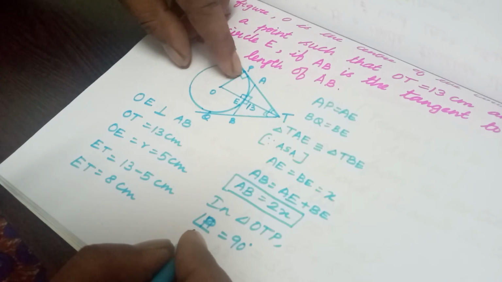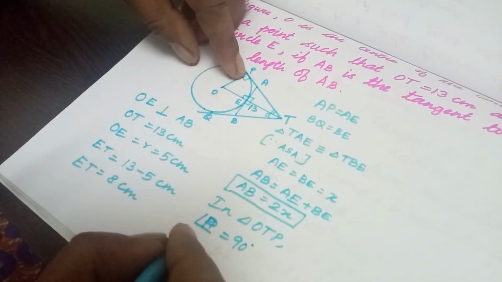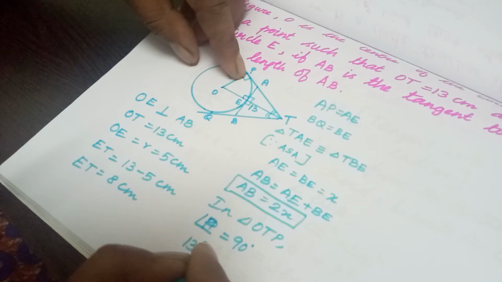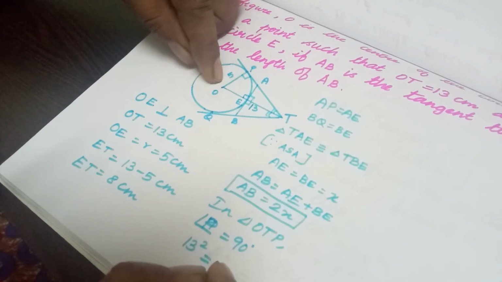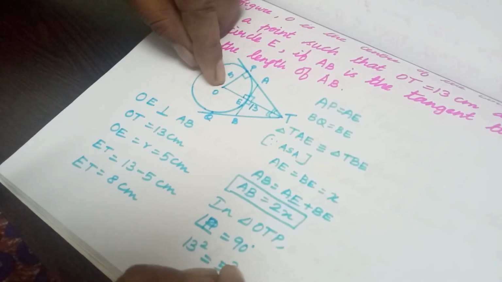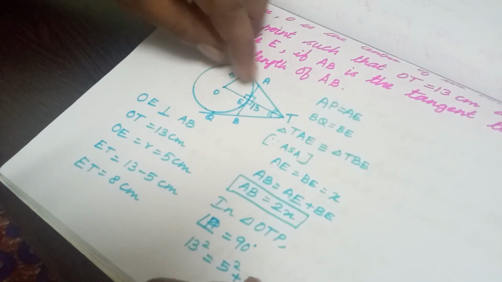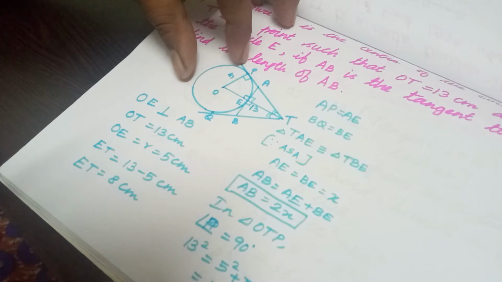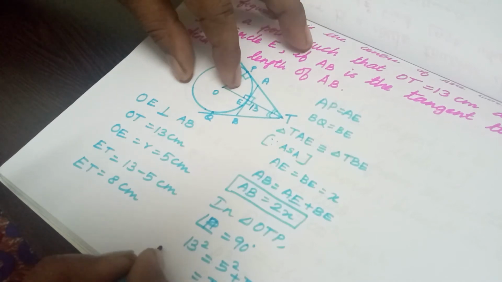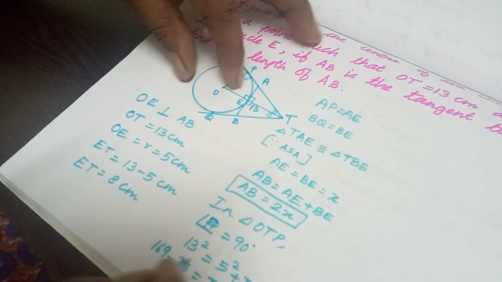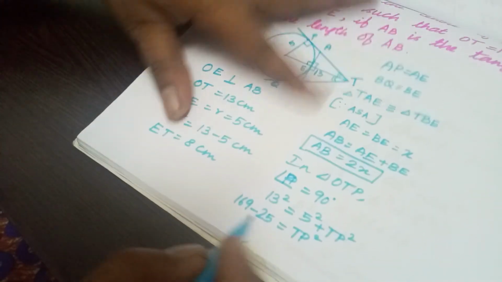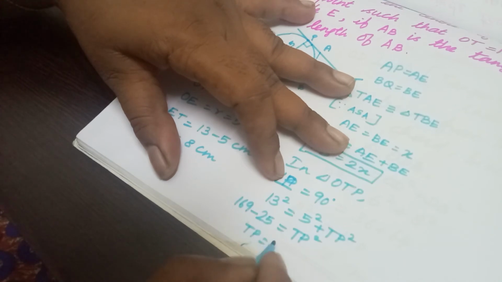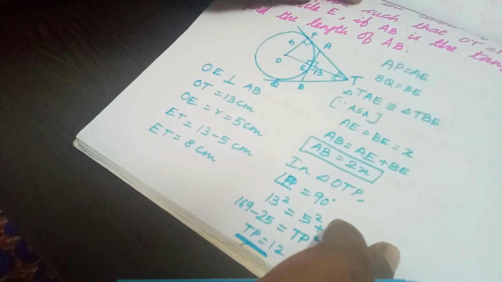OT is the hypotenuse. So 13 square is equal to OP square, 5 square, plus TP square. So TP square is equal to 169 minus 25, which is 144. So TP is equal to 12 centimeter.